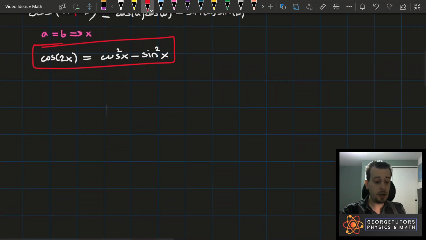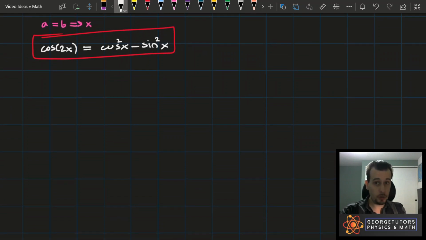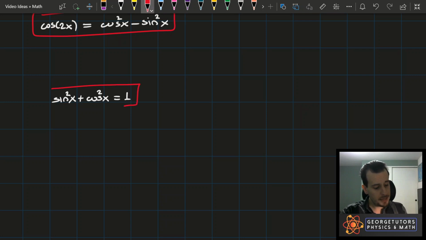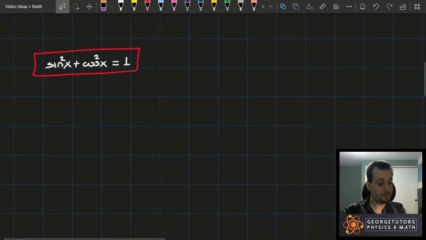Now, from here, another identity that you should be aware of is the one that I like to call the Pythagorean identity, which reads that sine squared of x plus cosine squared of x is equal to 1. I call it Pythagorean because it adds the cosine and sine in quadrature, and you end up getting 1. So this is another main player in solving these kinds of integrals. We will see it a lot.